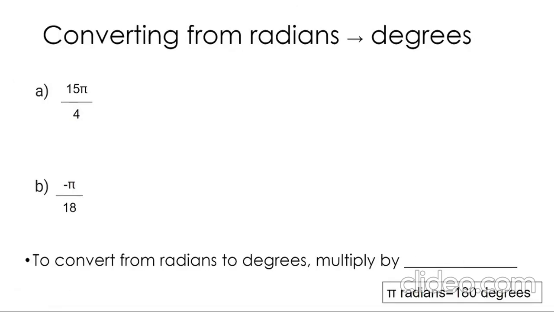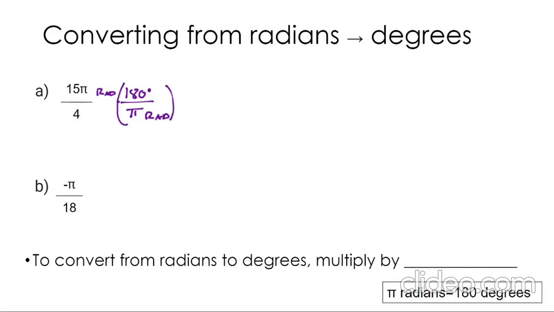So we're going to first start by converting radians to degrees. To convert radians to degrees, if I start with 15 pi over 4 radians, what we're going to do is multiply by 180 degrees over pi radians.